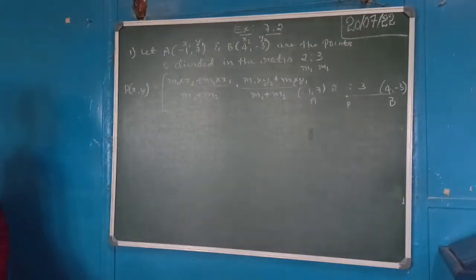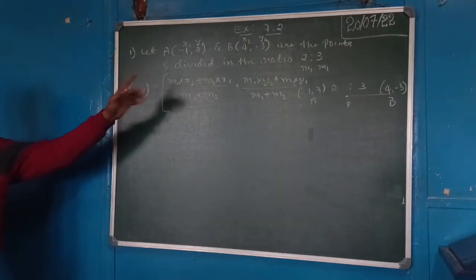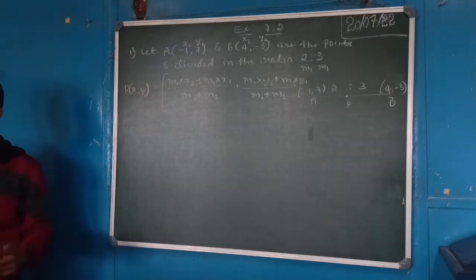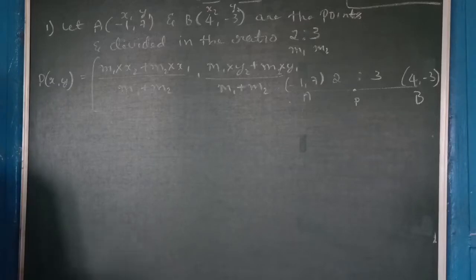Is it clear? I think you have all the data. This is the formula and you have the data. Now apply the formula to the data and simplify, and you will get the points.